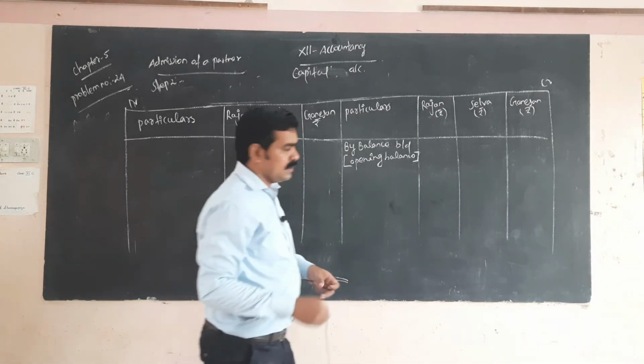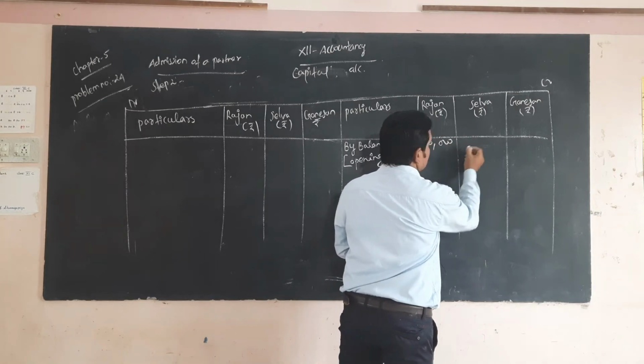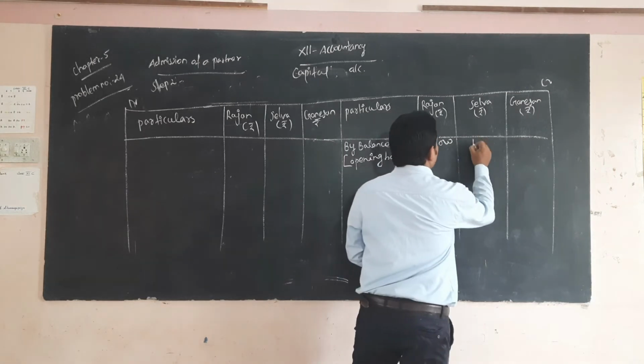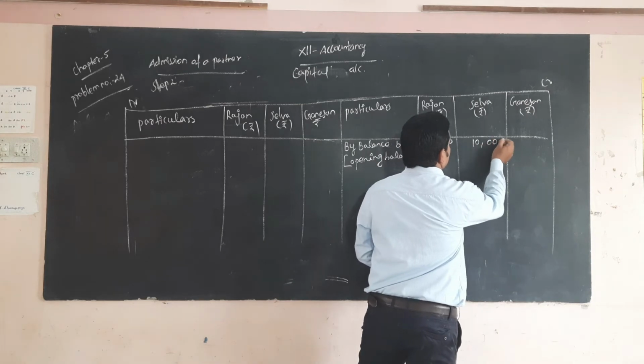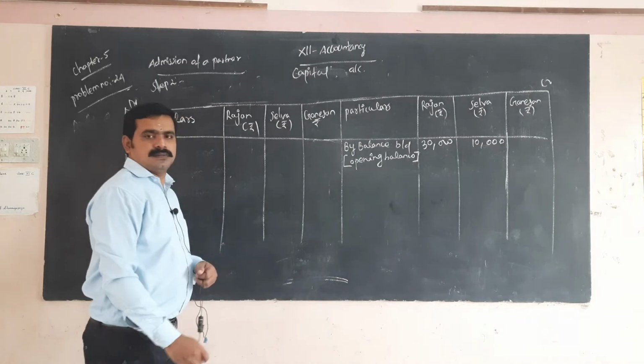What is the amount? That is already mentioned in liabilities: 30,000 and 10,000.